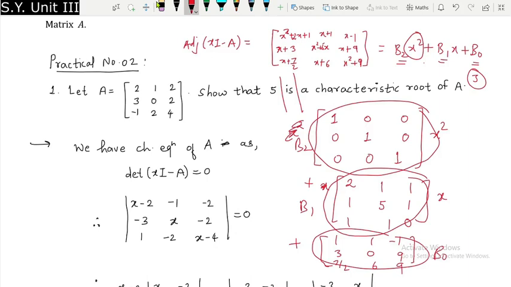So in that case your adjoint of xI minus A can be written as b(n minus 1) x raised to n minus 1, and this will continue up to b0, where b0 up to b(n minus 1) will be square matrices of order n, because A is of order n. Is that fine?